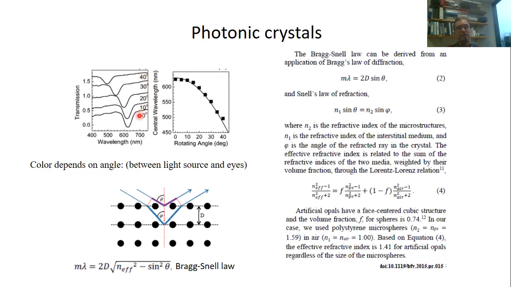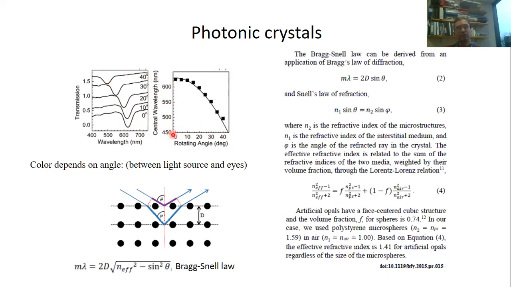At 0-degree angles, you will observe the light with the largest wavelength, and the more you increase the angle, the more this wavelength will shift to smaller wavelengths. You see this in a different form here.